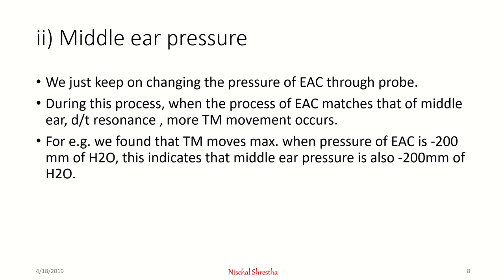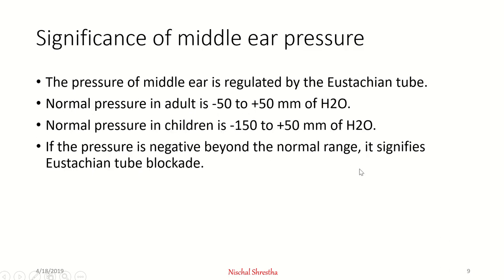At the pressure of that point only, TM movement occurs more. So when we find that TM is moving more, we can note the pressure, and we can conclude that the middle ear pressure is this much. So for example, we found that TM movement occurs maximum when the pressure of the EAC is minus 200. This indicates that the middle ear pressure is also minus 200 mm of water.